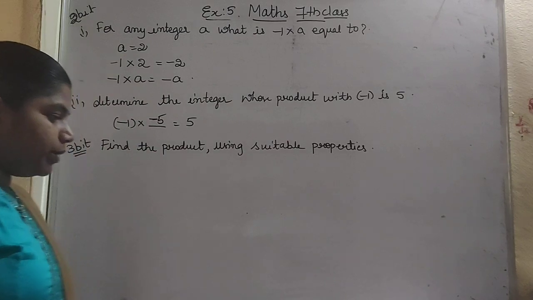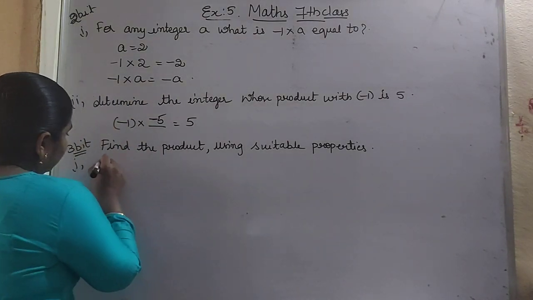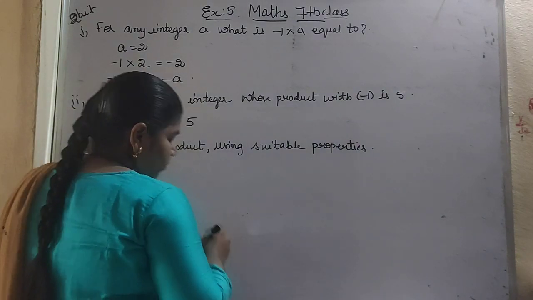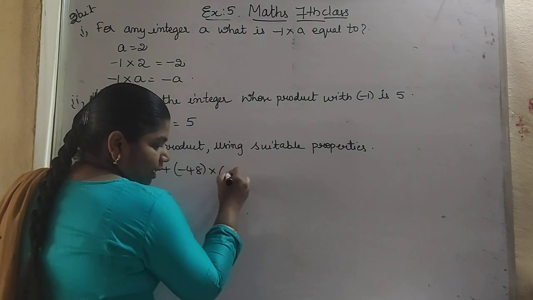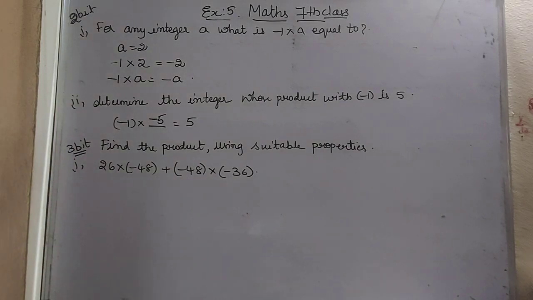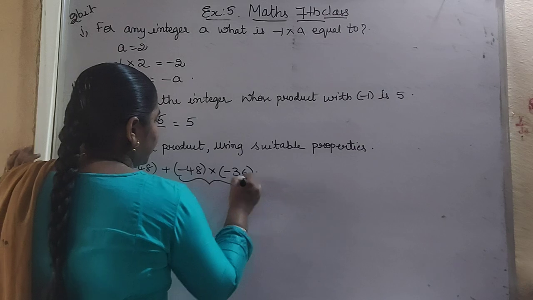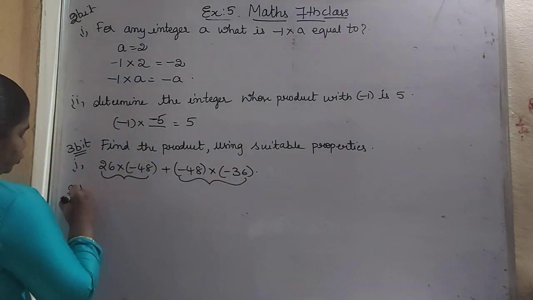Okay, so first one is what here? The first question is 26 into minus 48 plus minus 48 into minus 36. From this we can take out, in these two terms, this is the first term, this is the second term. In these two terms, which number is common, we have to check first.